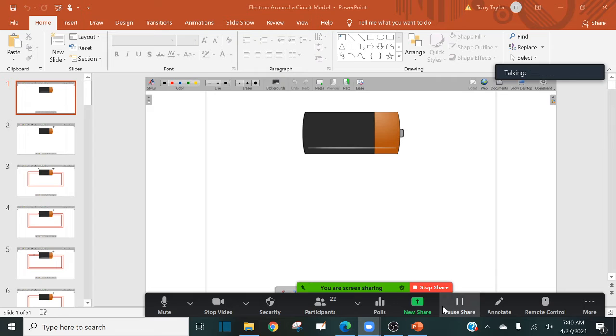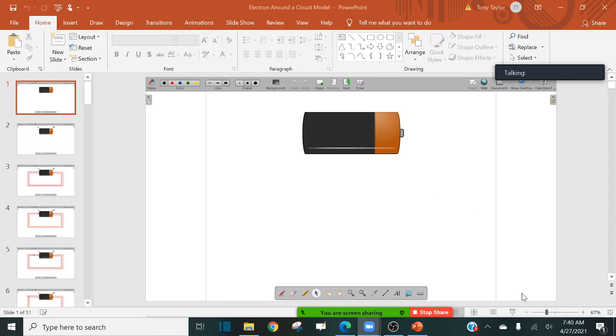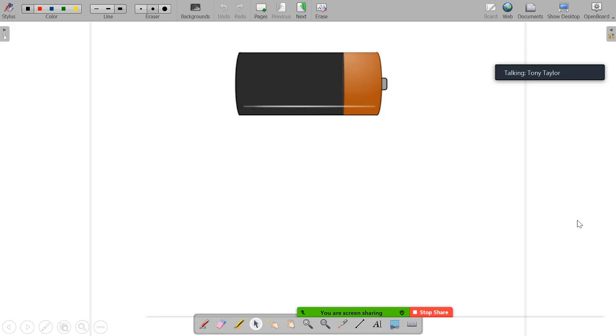So let's talk about how we are able to create an electrical circuit. So guys, imagine here that you all have a battery. You guys are familiar with batteries. You've seen batteries before. Remember, all batteries have a negative side and a positive side. It is true of all batteries. They have a negative side and a positive side.